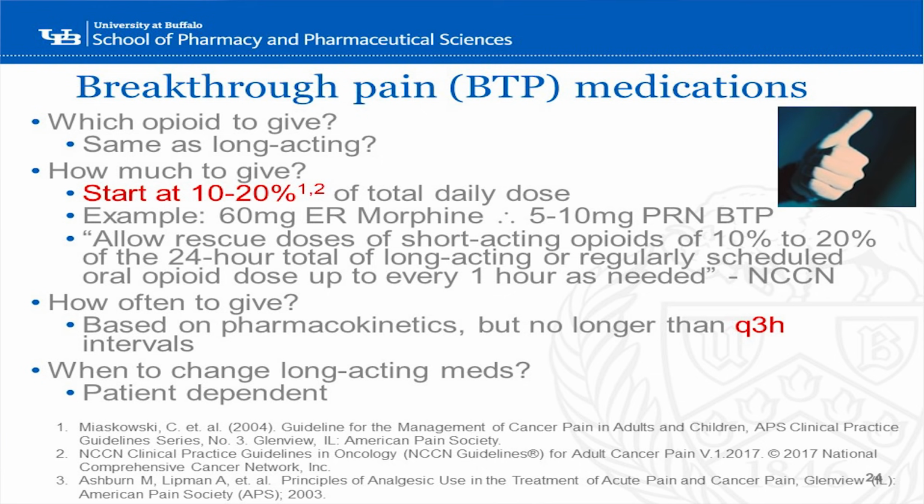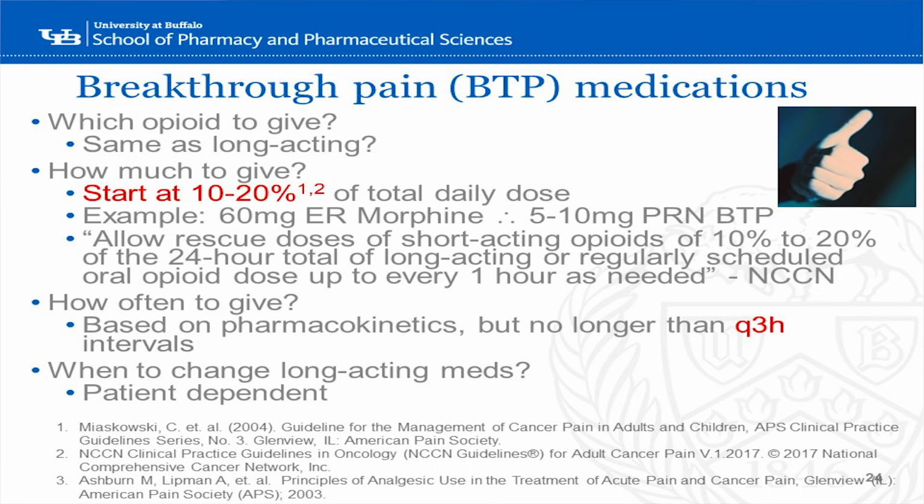Sometimes you might want to give more, to the higher end of that range. There is some evidence to say you can give a higher breakthrough dose, but you want to at least start with 10 to 20%. You don't want to give too little. One of my former residents used to say, if we give too little, it's just like spitting in the ocean. There is really no benefit from it.